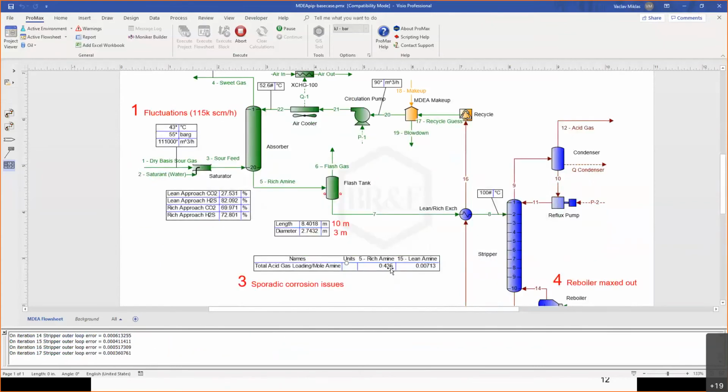I actually allowed ProMax to run at higher rich loadings. It can also be used at higher strengths, which means that you can have lower circulation rate, which is also something we can see here, because instead of running at 110, we are running at 90. And very often MDEA is also considered advantageous because of the lower heat of reaction with H2S and CO2. So it is easier to regenerate.